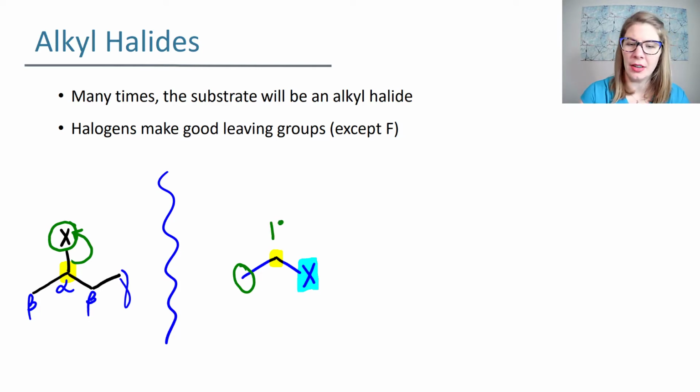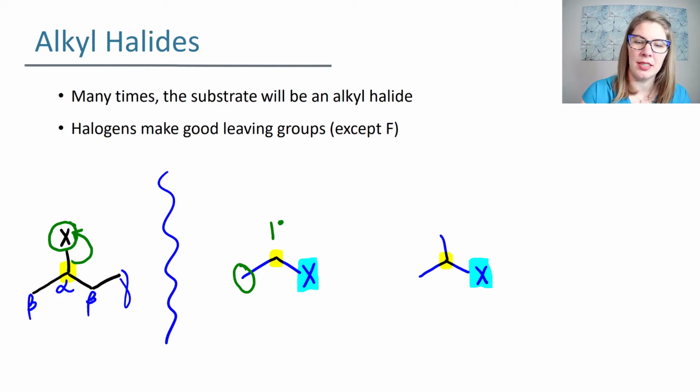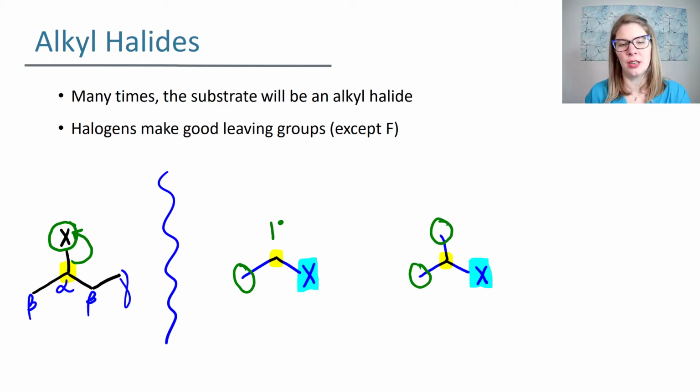A secondary alkyl halide will look like this, where, again, you find your halogen, X is the abbreviation for halogen. You back up to see where that halogen is attached, that's your alpha carbon. And then you see how many carbon groups are attached to your alpha carbon. There's two here, so that's a secondary alkyl halide.